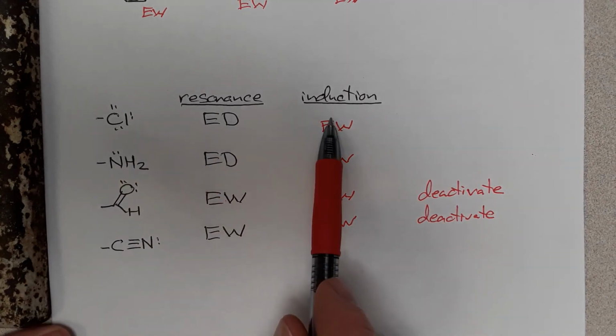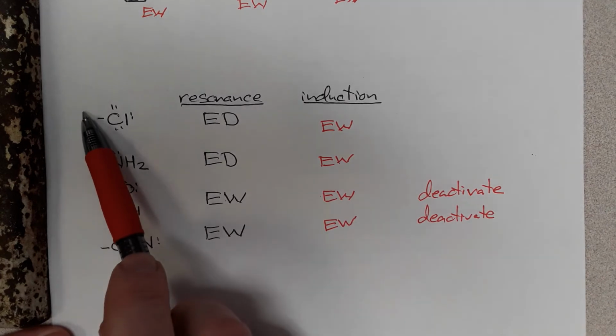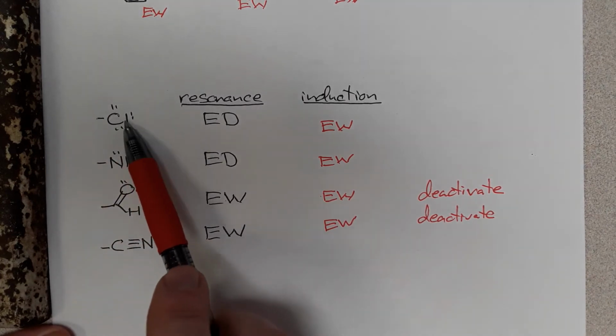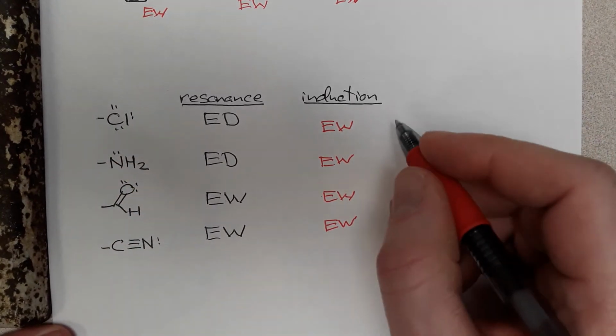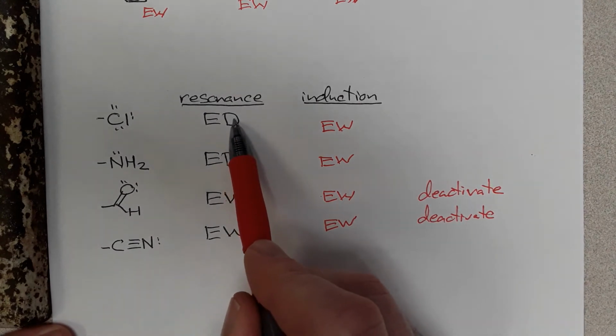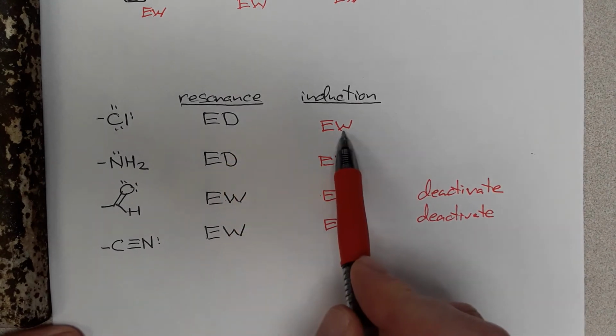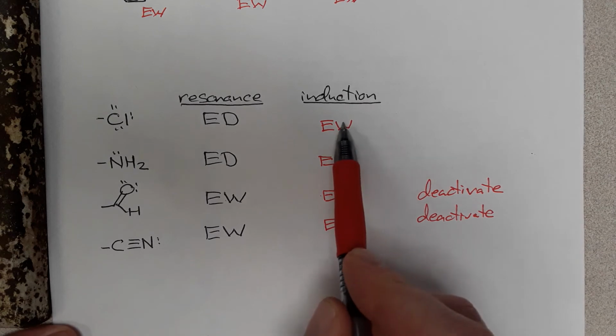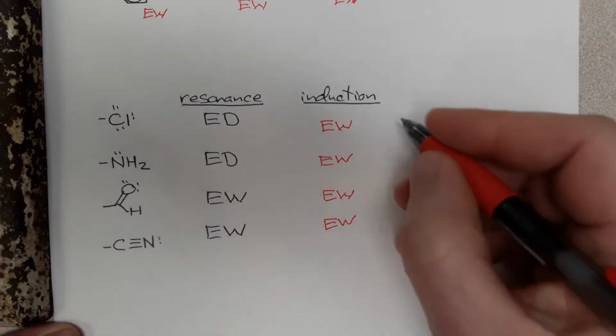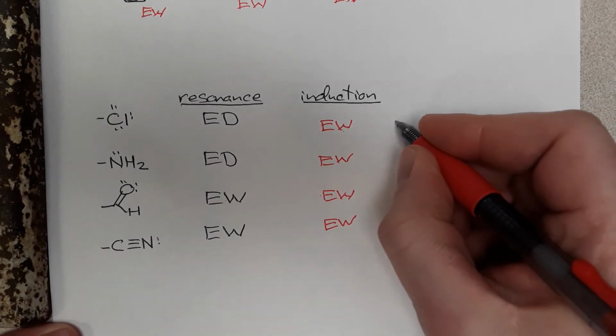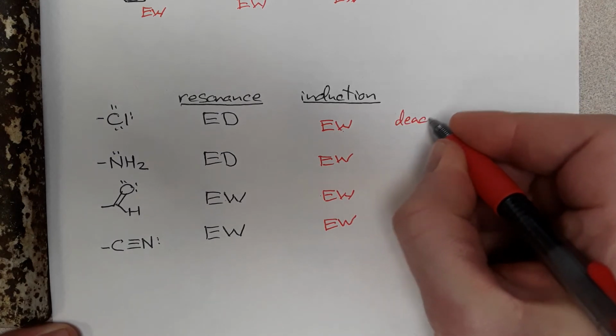And with halogens, the inductive effect, which is very strong, pulling electron density towards this electronegative atom, wins out. And so in the end, it's donating electron density by resonance, pulling it away by induction, and in the end it pulls away more than it donates, and so it is also deactivating.